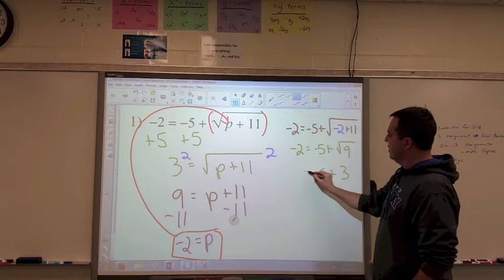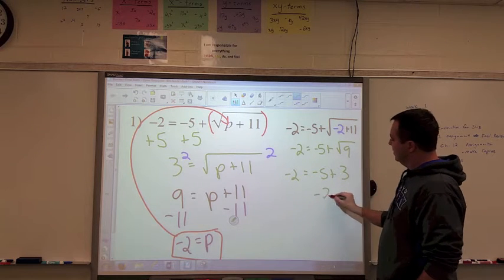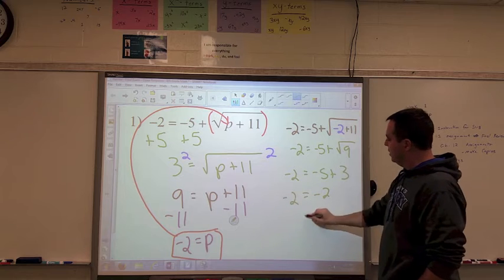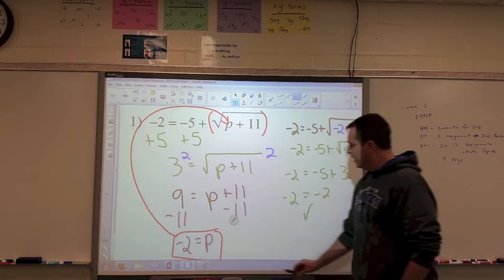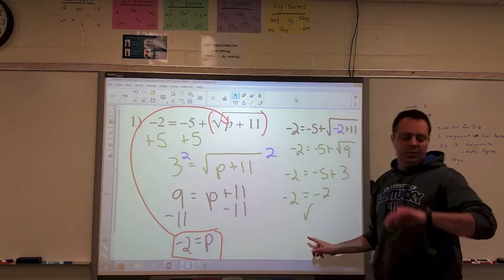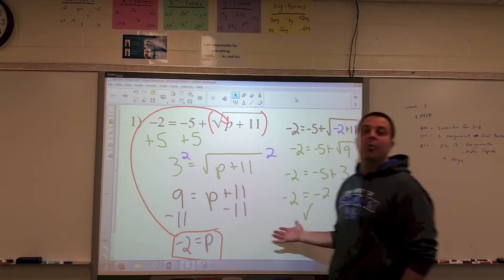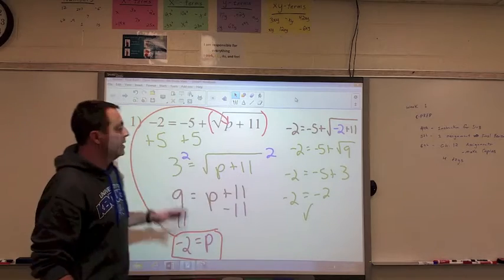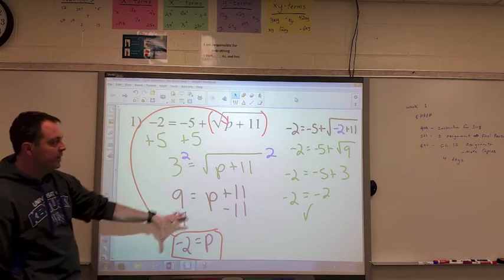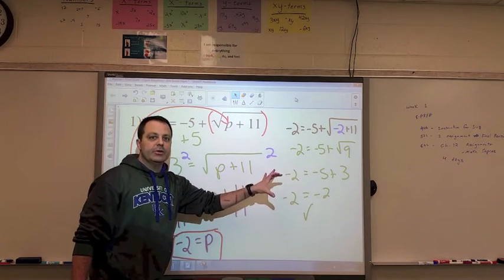Negative 5 plus 3 should equal negative 2, and it does. So we know that that is the correct solution. That is what will be required of you on one of your final exam problems. Make sure that you know how to do that, solving it, and checking your solution.